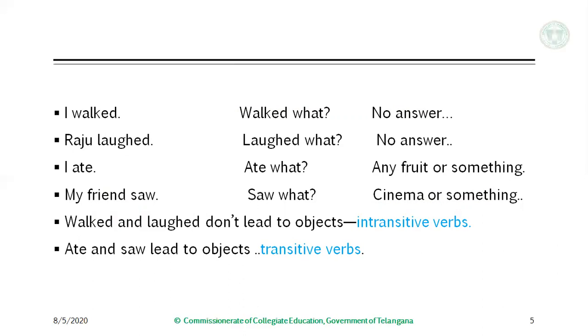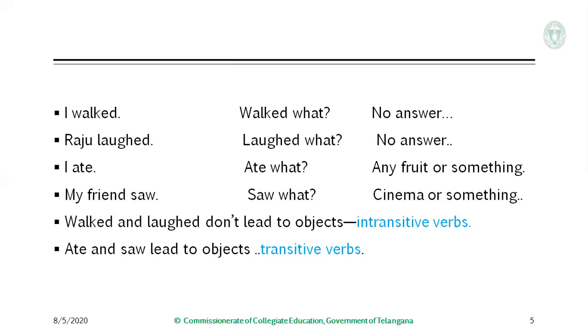So the verbs in these two sentences, walked and laughed, are intransitive verbs because the verbs don't run into objects. They don't need objects in the sentences. That's why they are known as intransitive verbs. In the same way, let's look at the other examples.